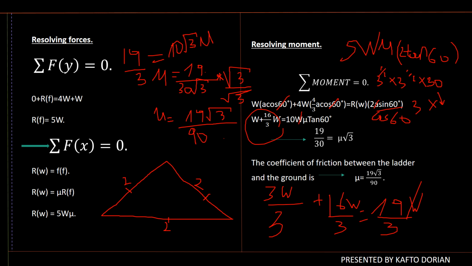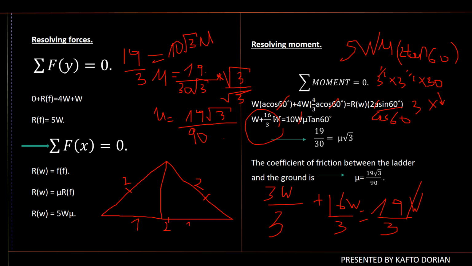Then now I need to separate the triangle into two parts. Now if I separate the triangle into two parts, you realize that here will be 1, here will be 1. So if I sum it, I have a distance of 2 as the others.